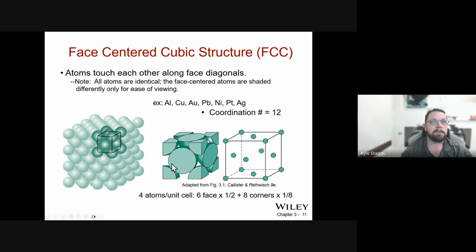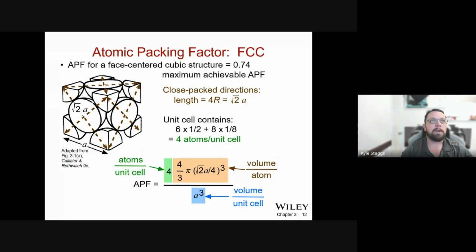So this is the most densely packed true cubic arrangement. So 12 immediate adjacent touching atoms, and that's why the coordination number is 12. All of these are shown just to give you a better idea.